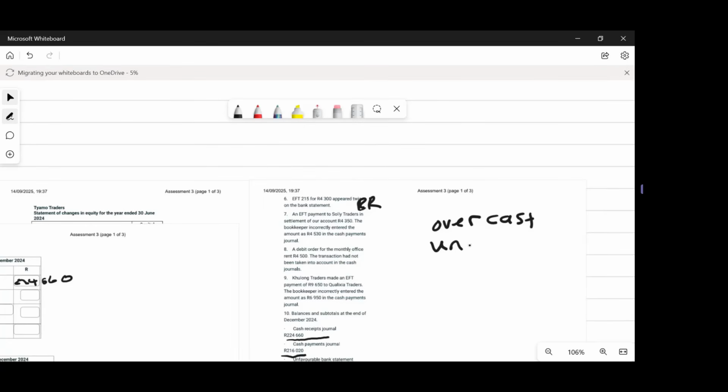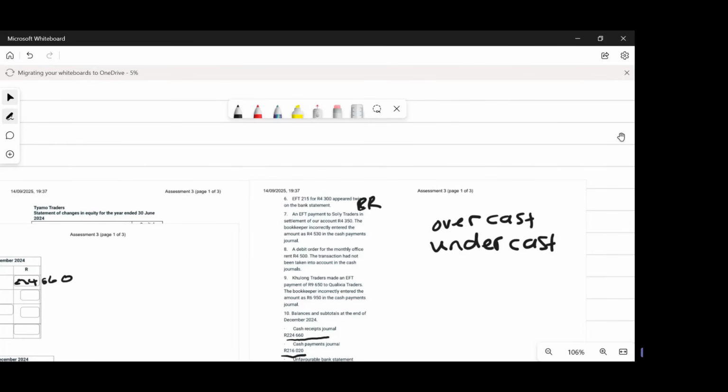So this transaction is an overcast or an undercast? Overcast. Okay. So what did I say when it's an overcast? What do you do? I'm just thinking you bring it back to the receipts.